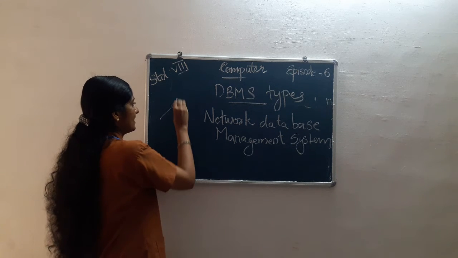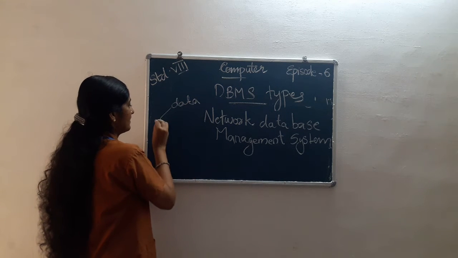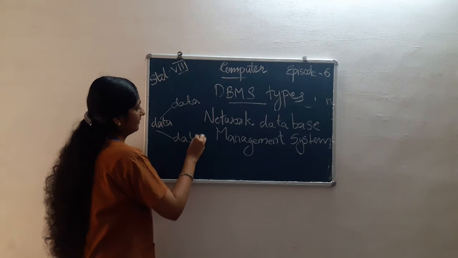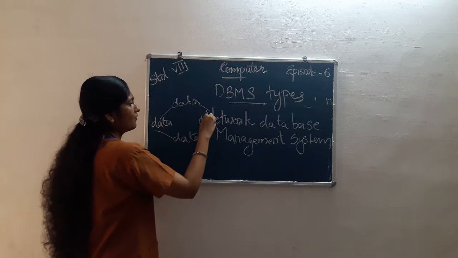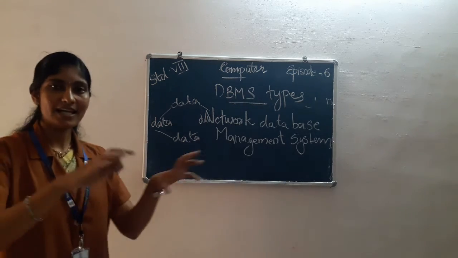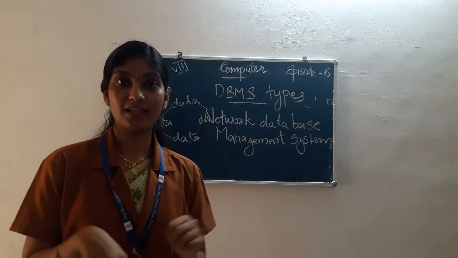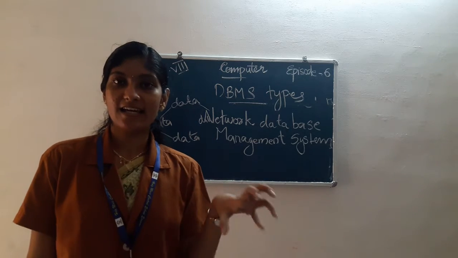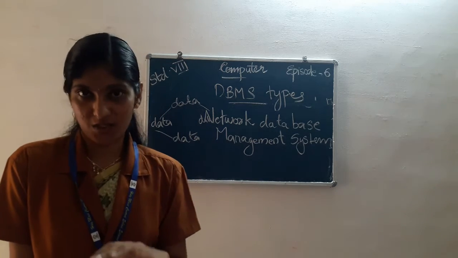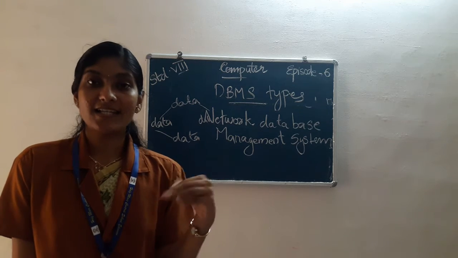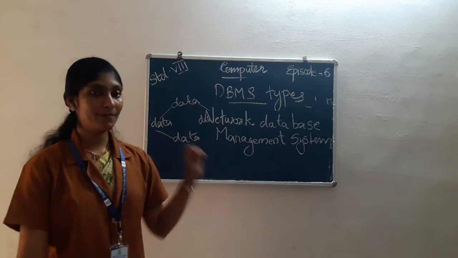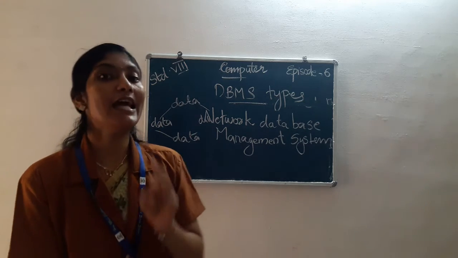Something like data, and some other data. So data are arranged in the form of a network, meaning it is arranged in the form of a group, with the data linked to each other.